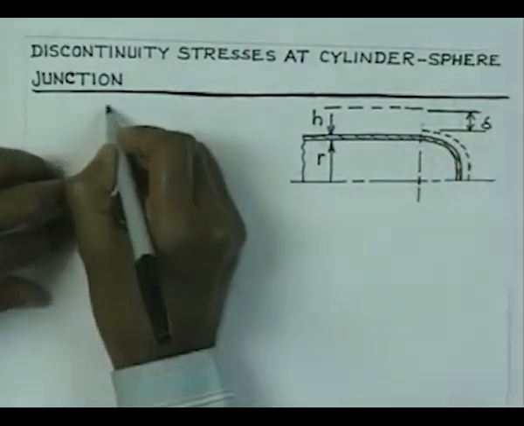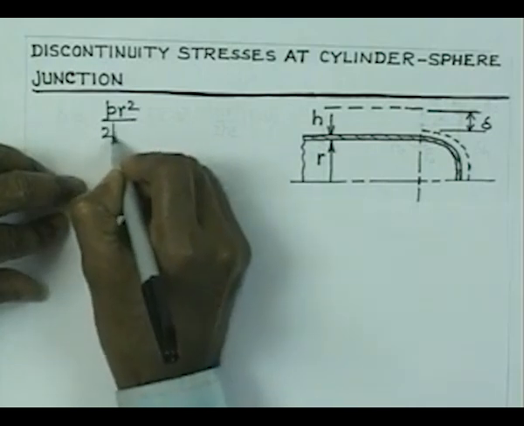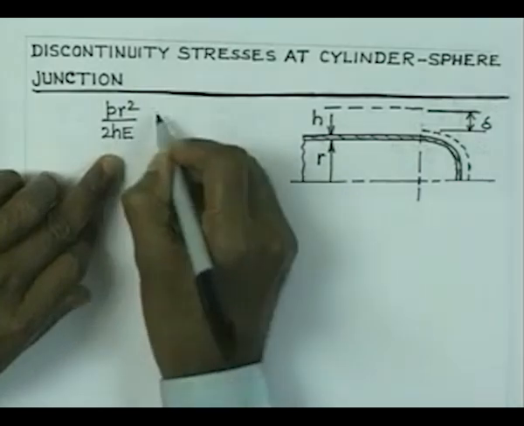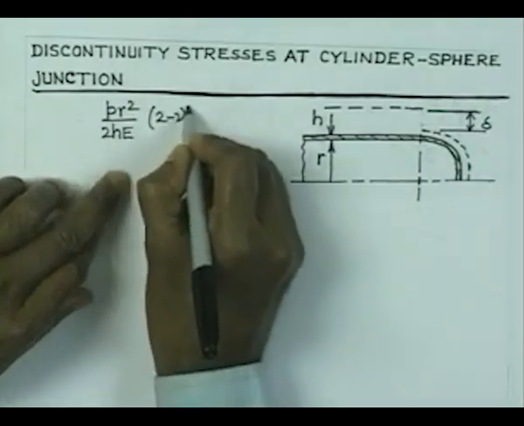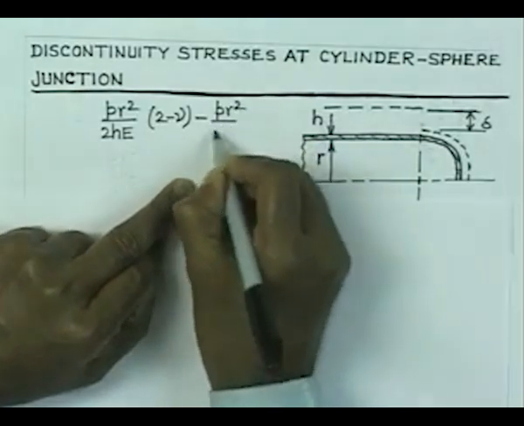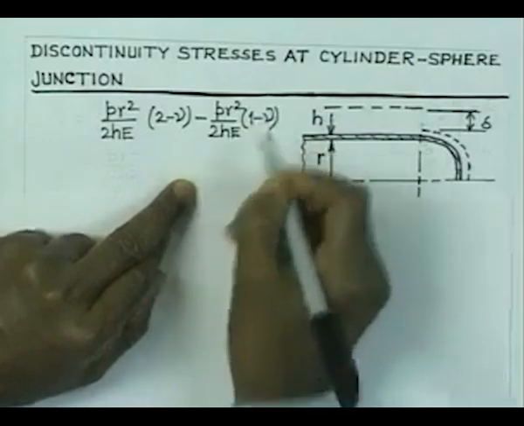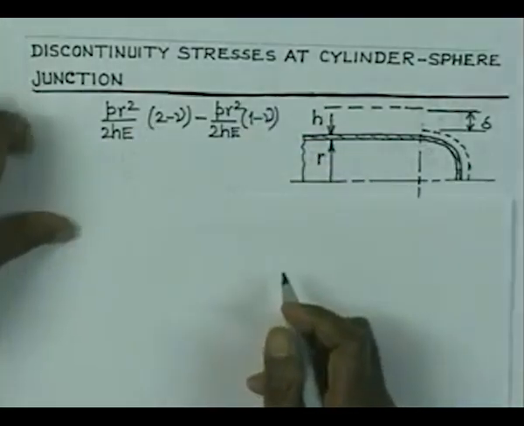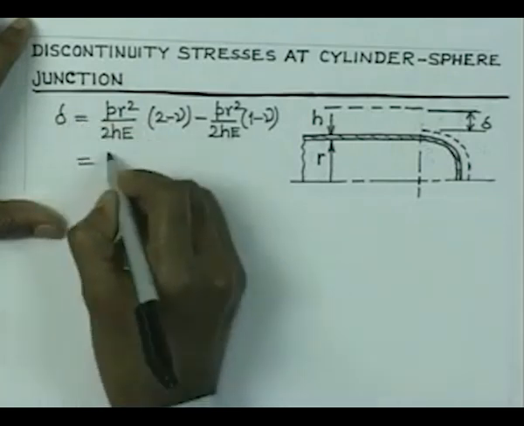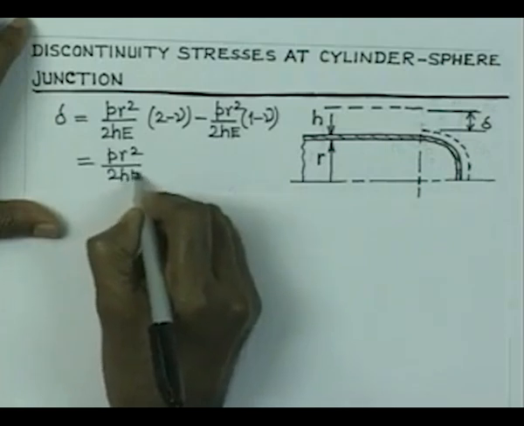It must be equal to expansion of the cylinder, PR square by 2HE, instead of T I am writing H, into (2 minus nu), minus expansion of the sphere, which is nothing but PR square by 2HE into (1 minus nu). So, that was almost twice, neglecting this nu. So, therefore, you see that this differential expansion delta is nothing but PR square by 2HE.